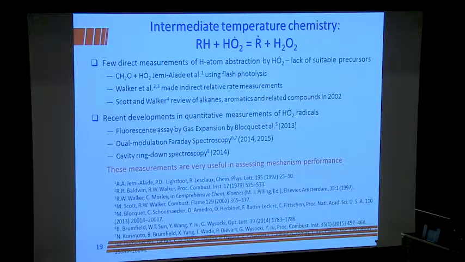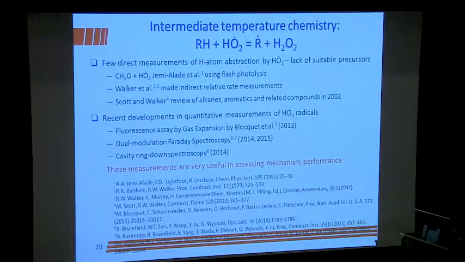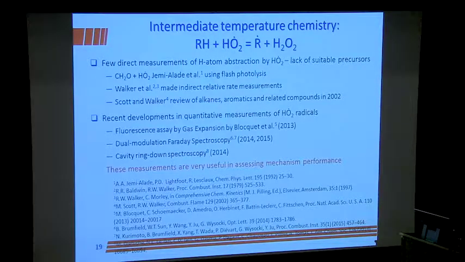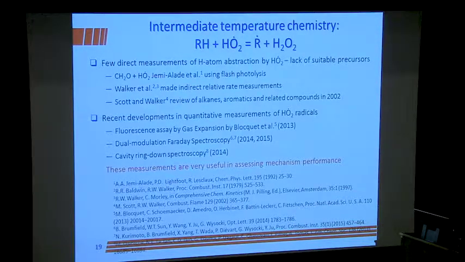Okay? So even quantitative measurements of HO2 will be a good constraint on a mechanism. So if HO2 is important and we're able to predict it pretty accurately from the measurements, it's an indication that the mechanism is getting the production and consumption of HO2 correctly. Okay? So that's good. Any information like that is helpful. All right?